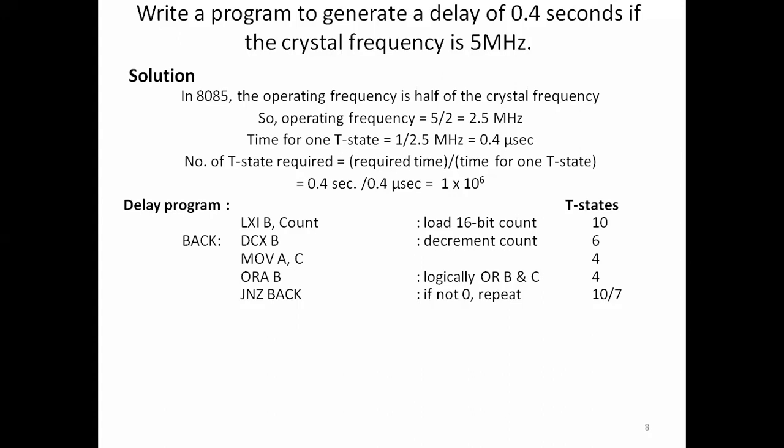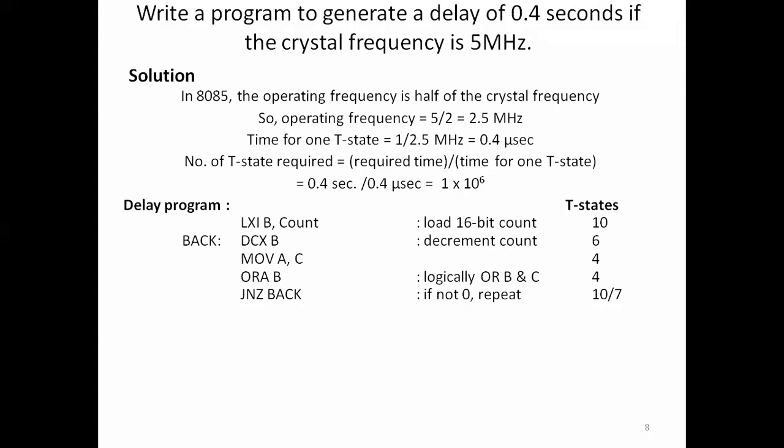Then we have seen that a delay can be provided by loading a count value into an 8-bit register, but the delay we get with an 8-bit count value is around microseconds. Then we have seen that the delay can be provided by using a register pair, with which we are able to create a delay in milliseconds.